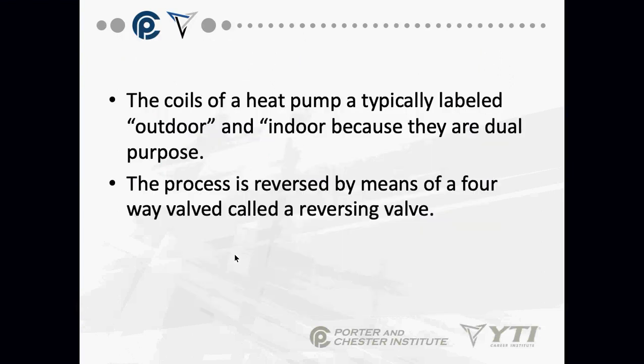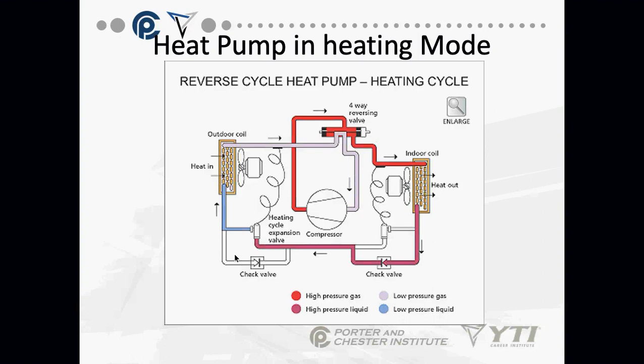The coils of the heat pump, as I said, are typically labeled outdoor and indoor because they're dual purpose. This process is reversed by means of the reversing valve that I just circled in the prior diagram. Now, this heat pump is in heating mode. Again, we're coming out of the compressor, high pressure superheated vapor.